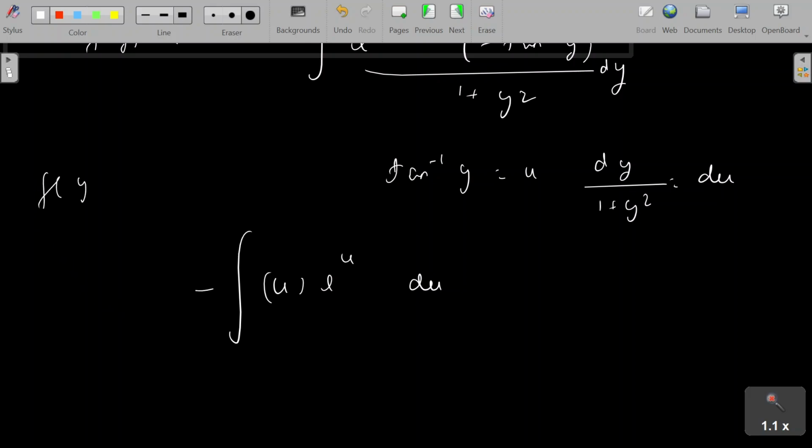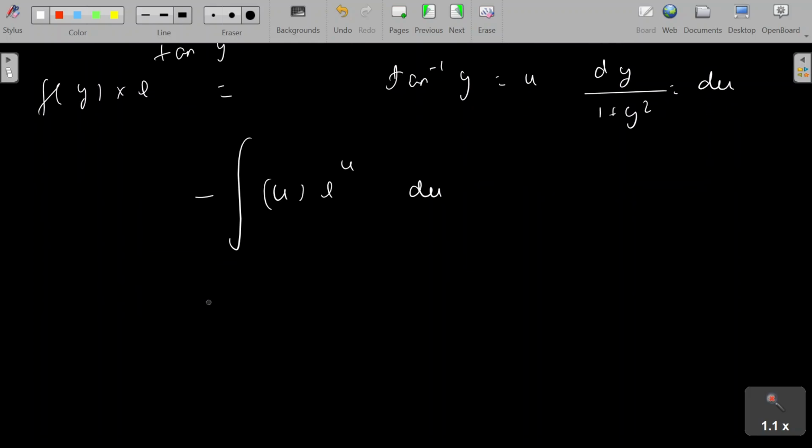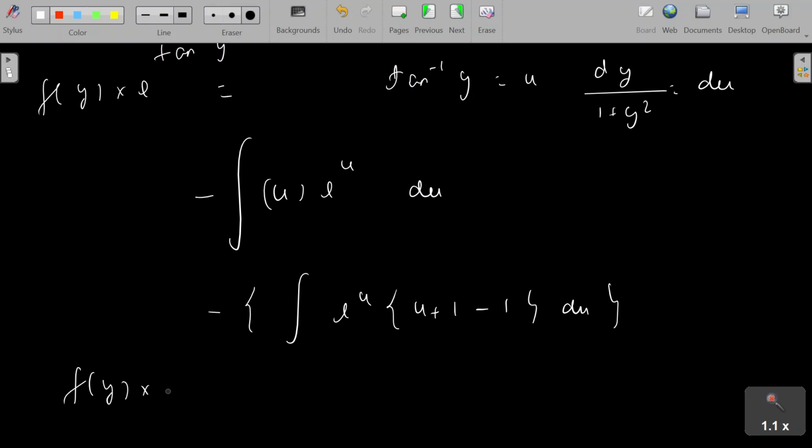So f of y into e to the power tan inverse y is equal to, you can do this step as e to the power u into (u + 1 - 1) du. So that will be f of y into e to the power tan inverse y equals minus (u e^u - e^u + e^u) plus c.